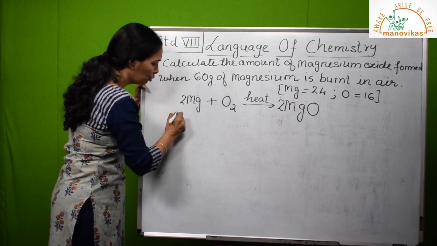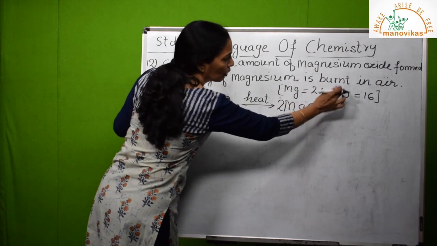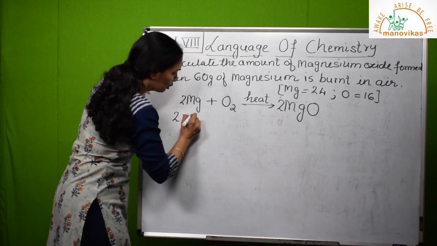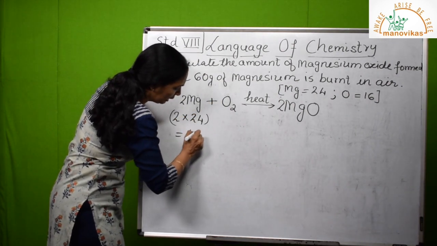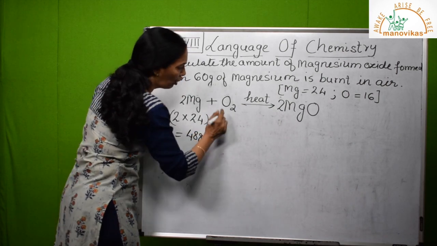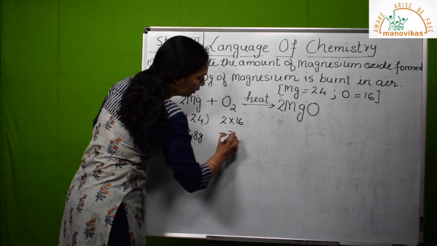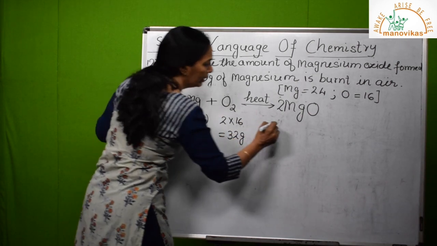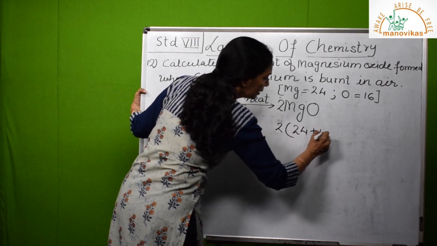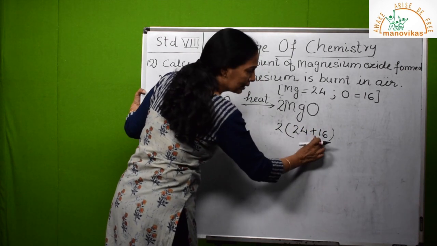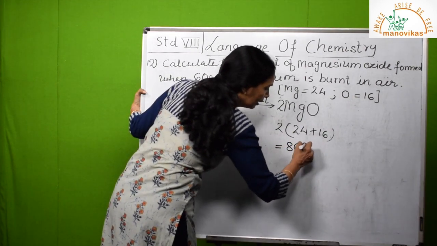Magnesium, 2 atoms are there, and magnesium is 24 atomic mass, oxygen atomic mass is 16. So 2 into 24 will give you 48 grams. Here oxygen 2 into 16 gives 32 grams. And here 2 in bracket 24 plus 16. So 24 plus 16 is 40, and 2 into 40 gives 80 grams.